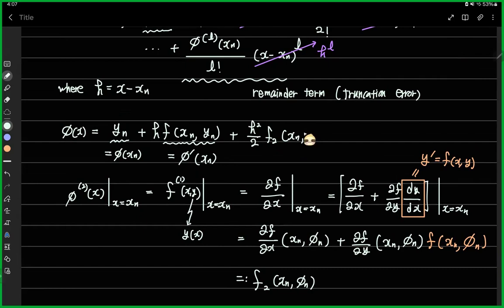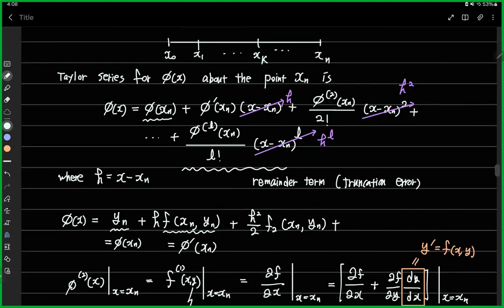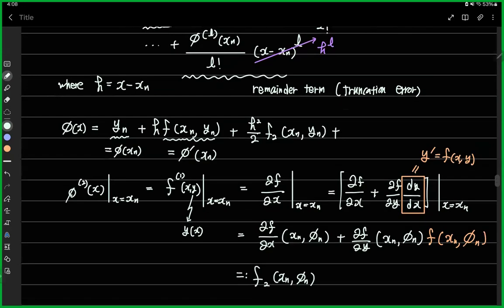But y_n is equal to what? y sub n. So you can put y sub n instead of y tilde sub n, because at each mesh point, I mean grid point, the value of y tilde must be equal to the value of y. In that way we can find the third derivative of y, right? I know this is too long an expression, I'm not going to do this anymore.